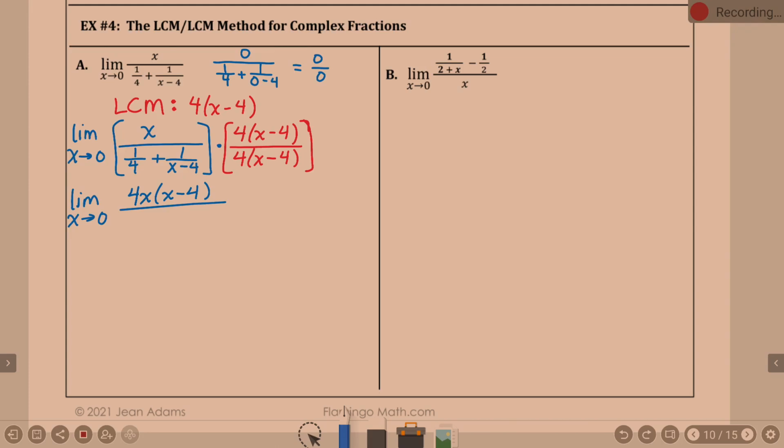So 4 times x minus 4 times 1 over 4, what happens? The 4 cancels with 4, and you just have x minus 4. Then, plus, same thing on this fraction. 4 times x minus 4 multiplied by 1 over x minus 4, what happens? X minus 4 cancels, and I'm just left with plus 4.